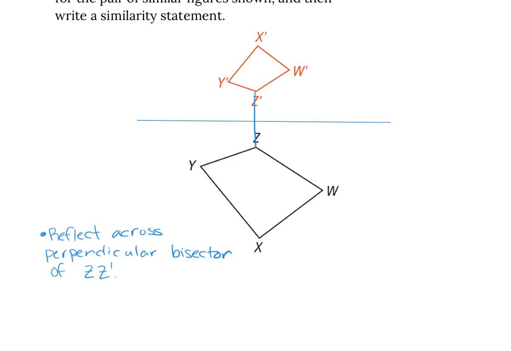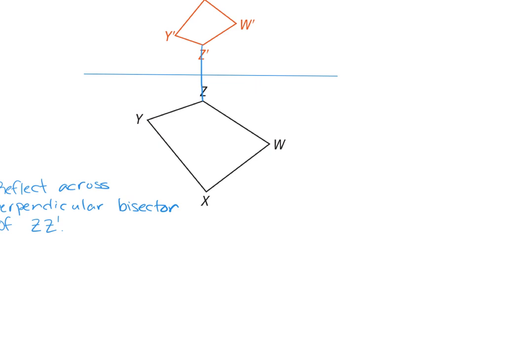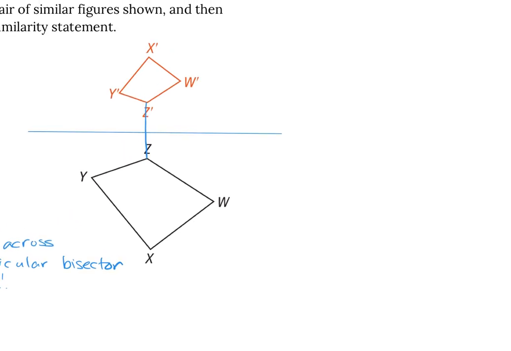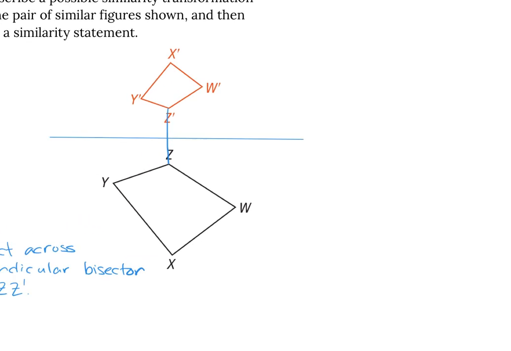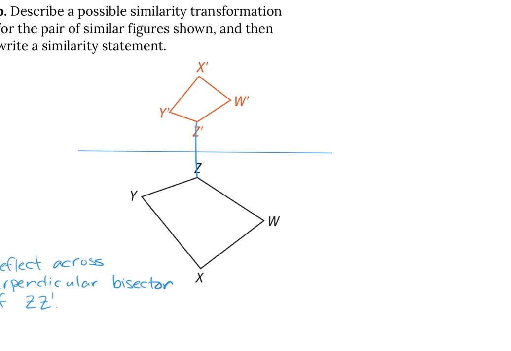All right, so after we reflect, and again, I will try to create an image that we can reflect. Get my ruler. Actually go ahead and create my perpendicular bisector and make sure that my line is correct.